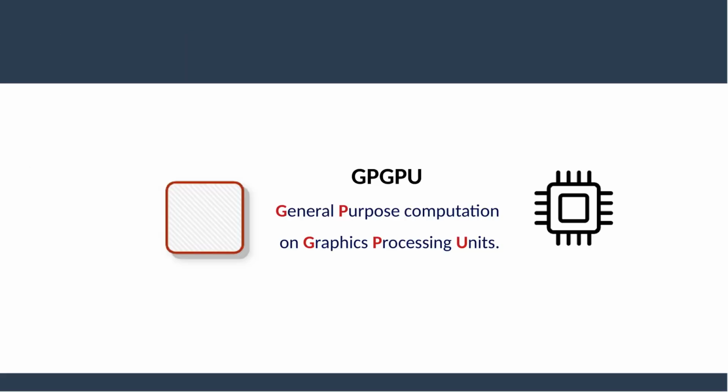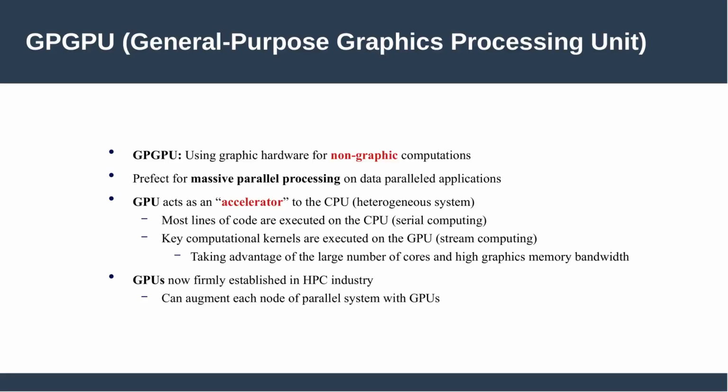GPGPU leverages graphics hardware for non-graphic computations, ideal for data parallel applications. It enhances central processing unit performance by executing key computational kernels on the graphics processing unit, utilizing its numerous cores and high memory bandwidth. This integration is pivotal in high-performance computing, augmenting each node with graphics processing unit capabilities for efficient parallel processing.